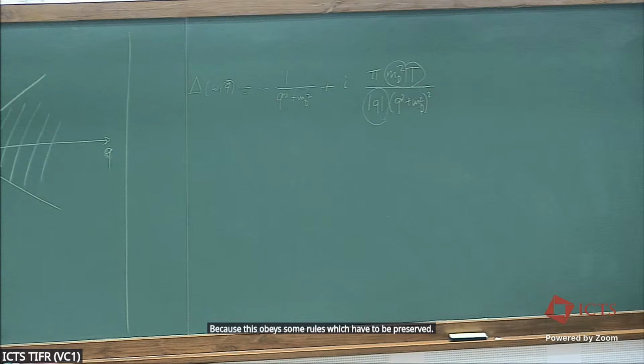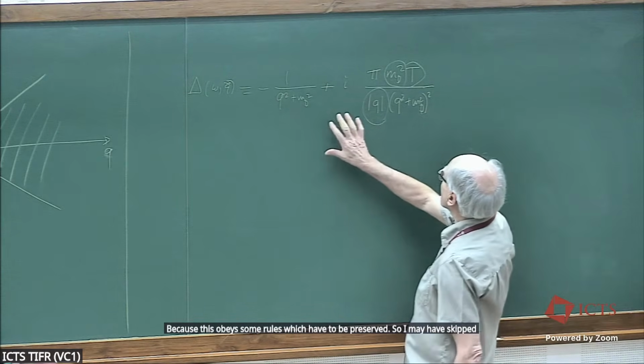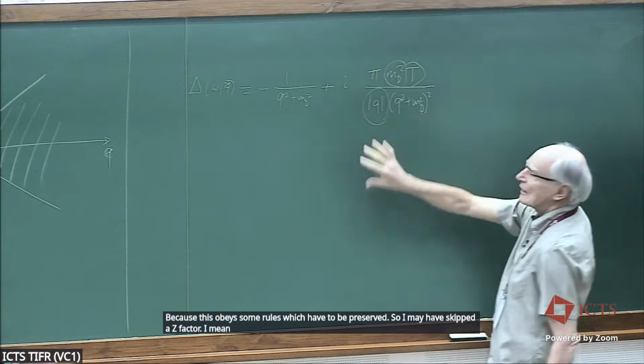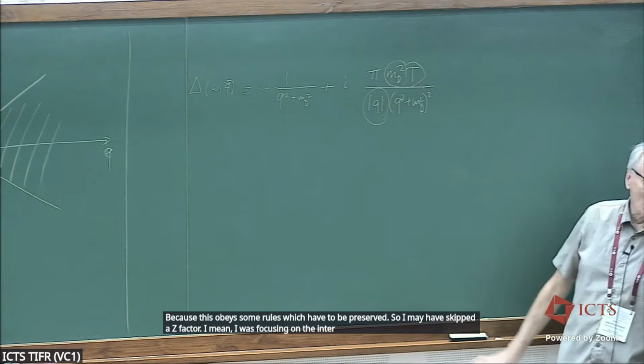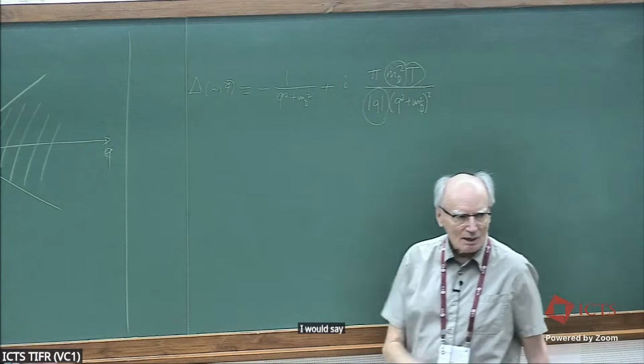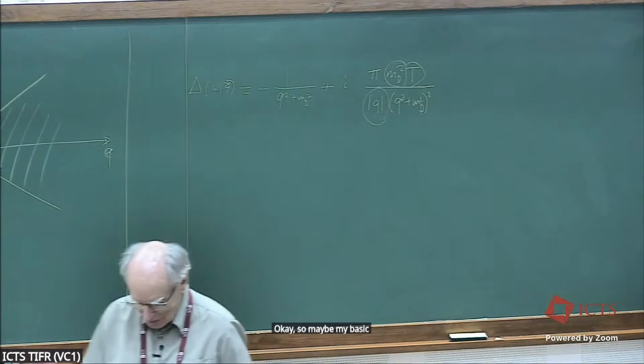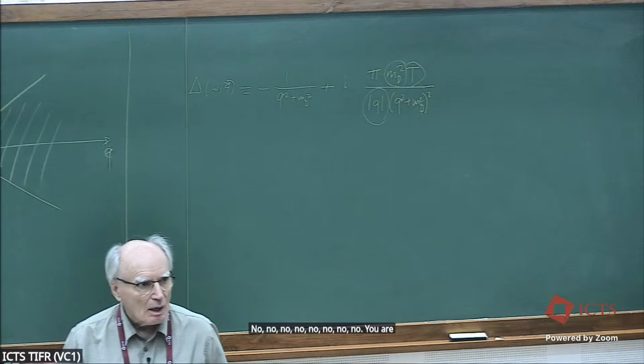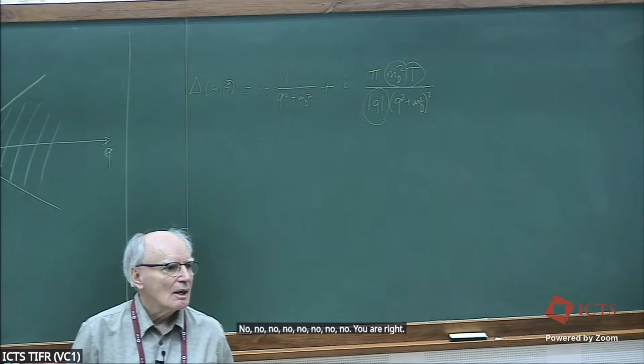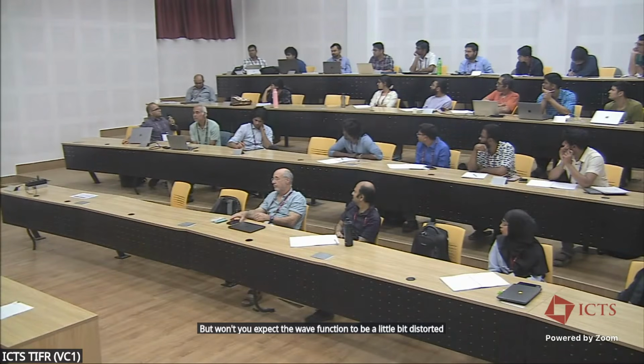So I may have skipped a Z factor. I was focusing on the interpretation of W. You are right. But won't you expect the wave function to be a little bit distorted because it's in a medium?